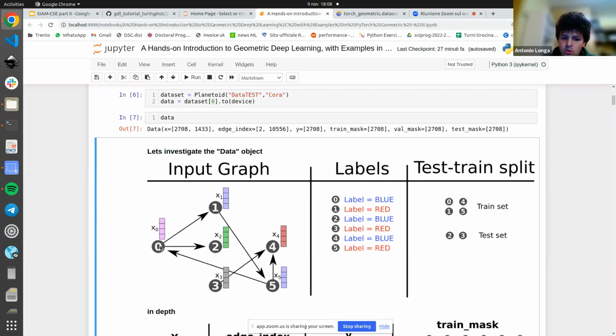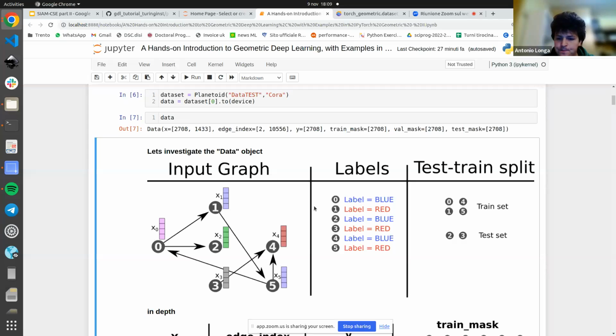So for instance, this node I called 0 has its own features, and we have directions on this graph, and so on and so forth. Then we have labels. Each node has a label, that in this simple case could be blue or red. And finally, we have our train mask and our test mask. I'm not using the validation mask for simplicity right now.